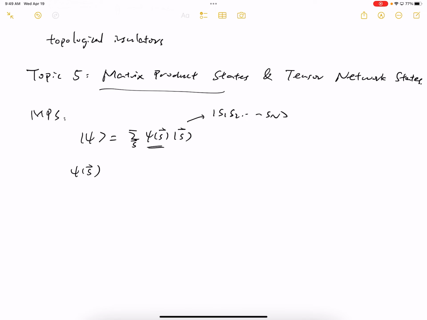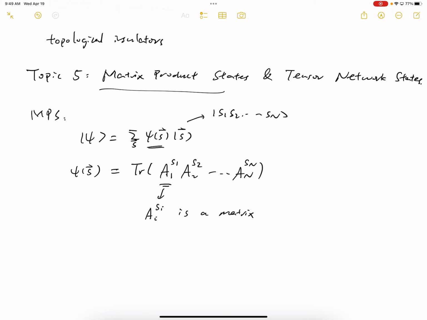But we can think about an ansatz, which is much more efficient. So let's try to represent this as the trace of A1^S1, A2^S2, all the way to AN^SN. So each of these, we call this Ai^Si, is a matrix. So this matrix is labeled by two numbers.